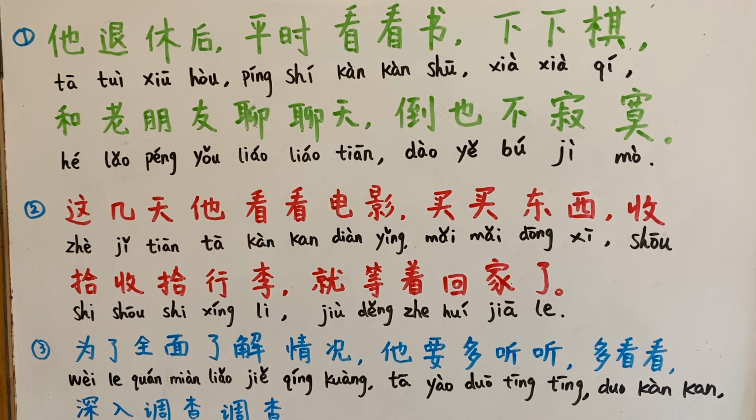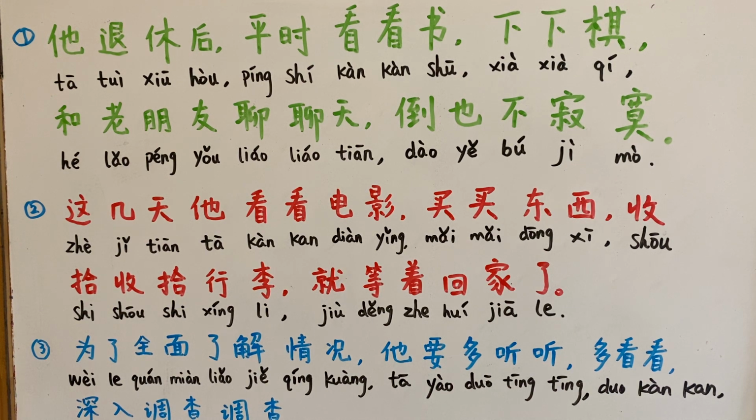And in this video, we're going to talk about two more situations where this verb reduplication can be applied, because it is a little more complicated than you might expect. Okay, we can begin with the first one.